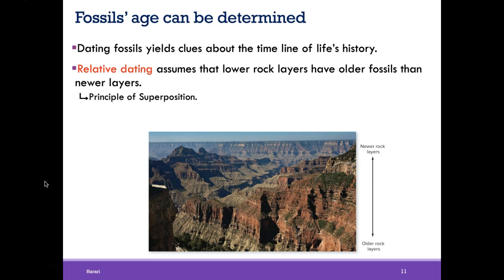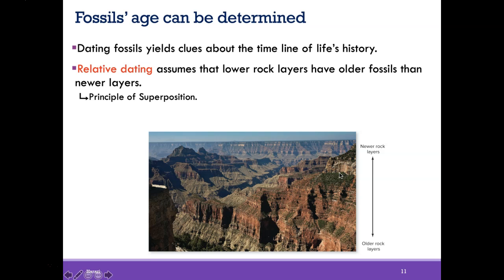And relative dating uses the principle of superposition, which assumes that the lower layers of rock have older fossils than the newer layers.